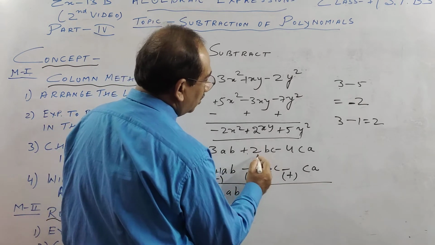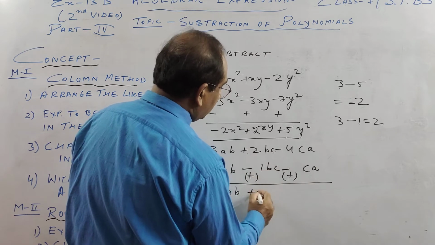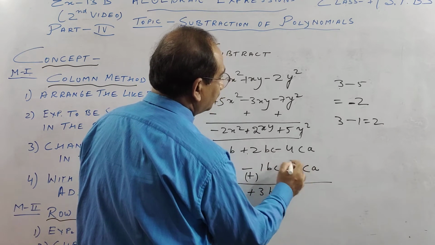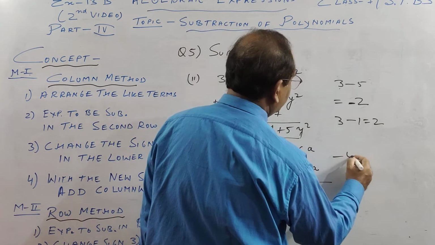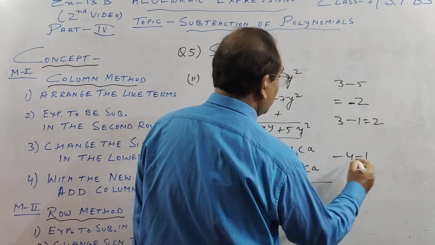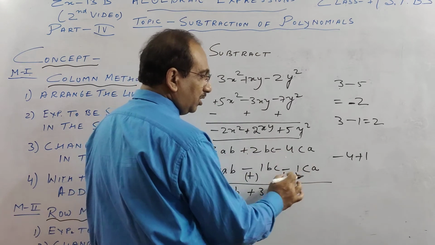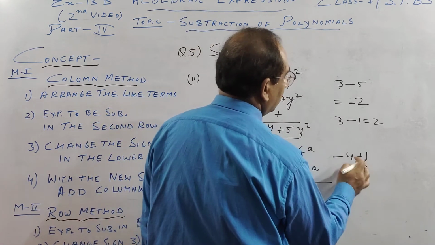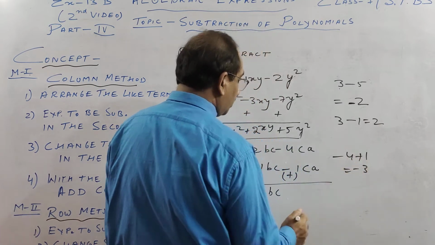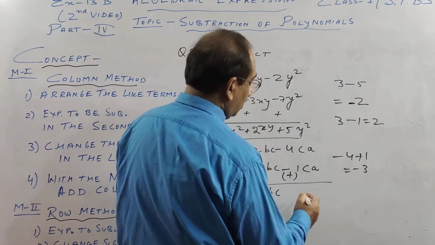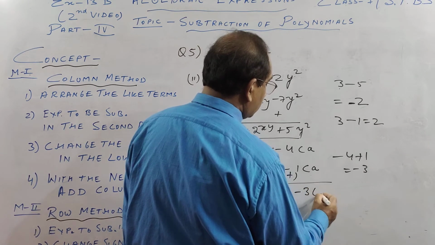Plus 2 plus 1 gives plus 3bc. Then minus 1, minus 4, plus 1. This is minus 4; don't change this sign, only the bottom sign. So you'll get minus 3, children. Subtract the smaller from the larger and put the sign of the larger. So what we will get, children, is minus 3ca.